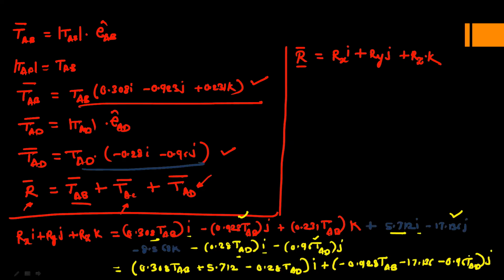And there is one more term, the k term: plus 0.231 tension AB minus 8.568 into unit vector k. Now we have to equate the left hand side and the right hand side.